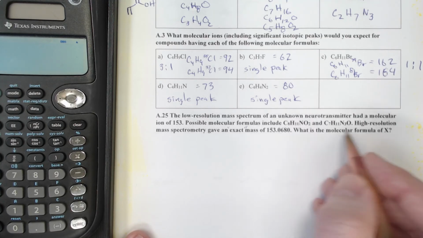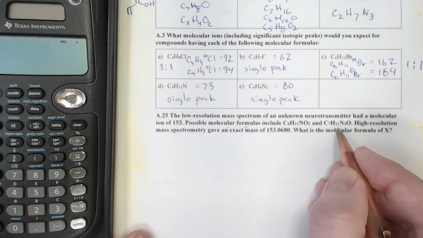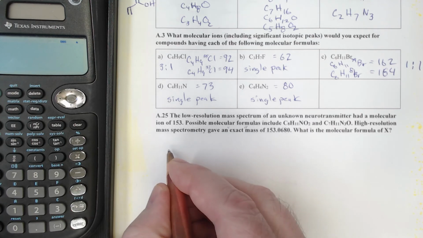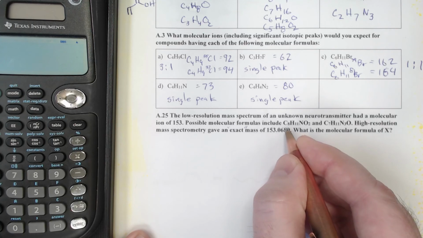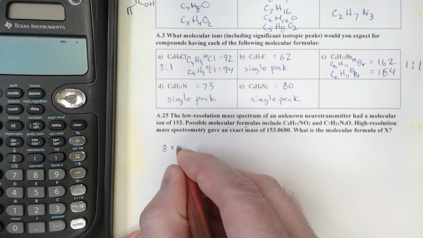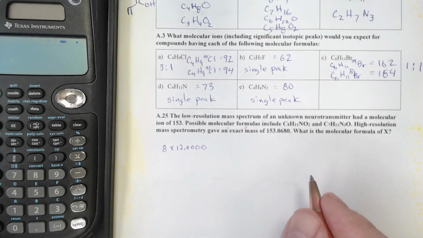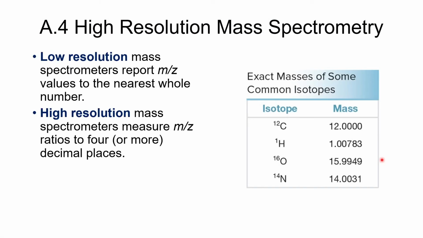The way that we answer this is that we calculate the high res for this and for this. We've got 8 carbons, so we'll do 8 times 12.0000. We're going to use these numbers here.